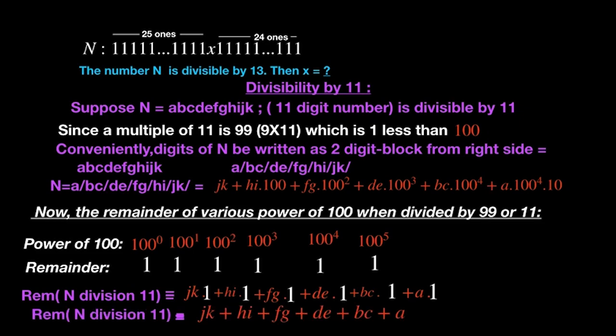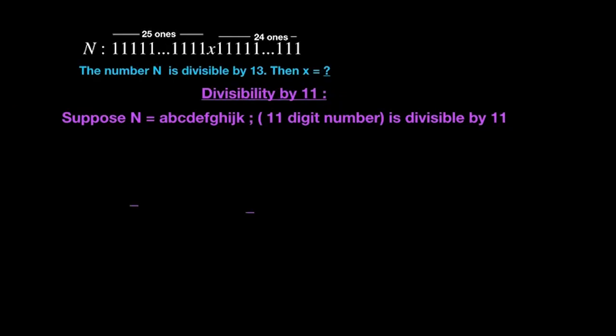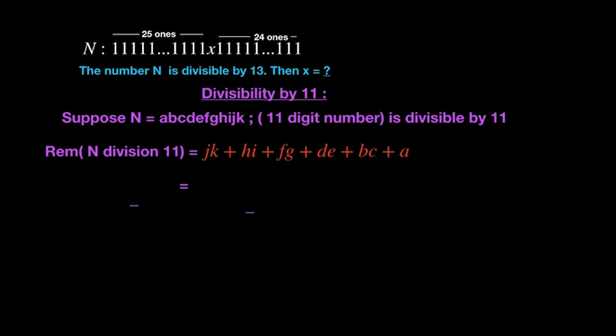So the remainder of n divided by 11 equals jk plus hi plus fg plus de plus bc plus a. So the remainder value will be the sum of the two digits from the right side.